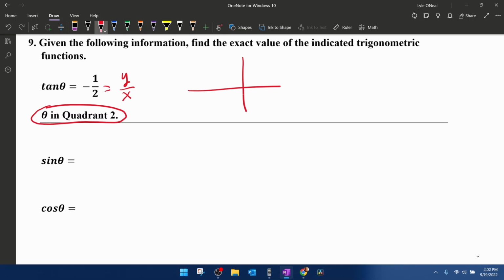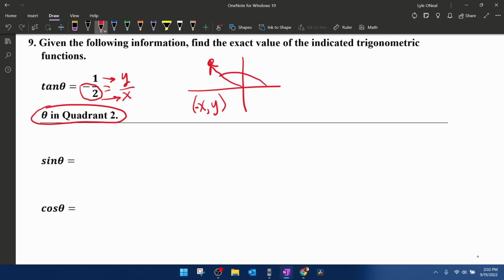And we know if your angle is in quadrant 2, that the ordered pair, in other words, the x comma y in quadrant 2, is going to have a negative x and a positive y. And so that tells me that the 2 here gets the negative because it's going to be the x value, and the y is 1.